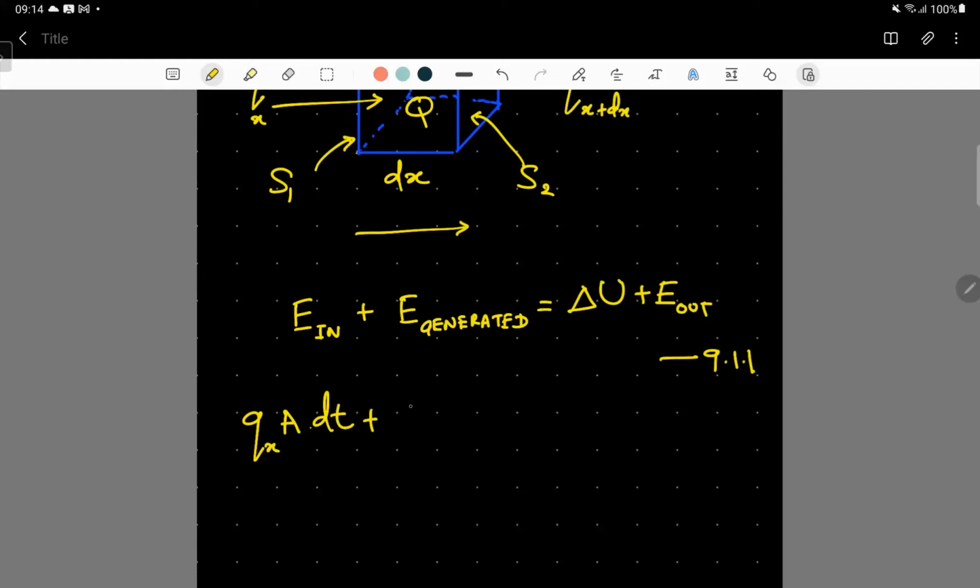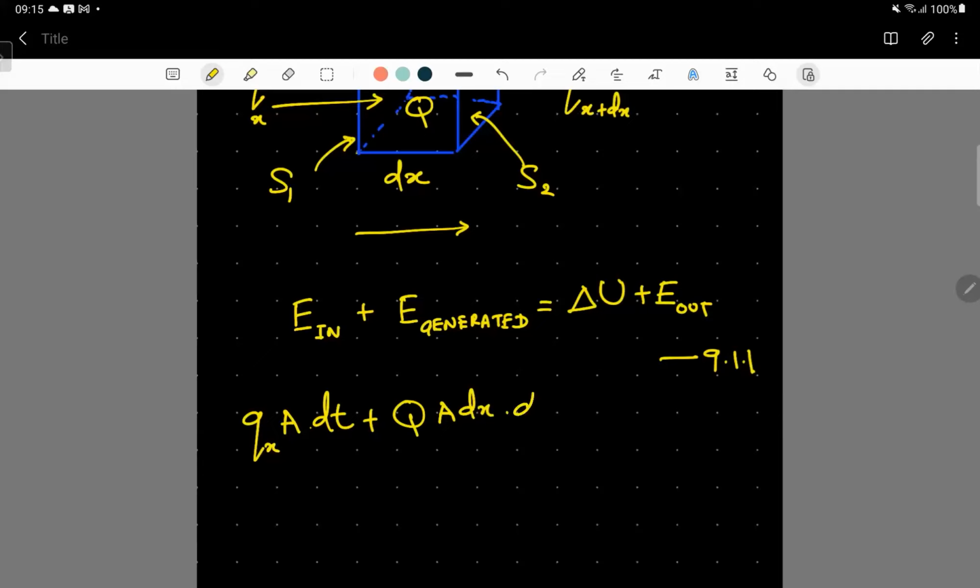The generated heat is Q, which is in watt, of course. Since the heat generated by the source, or in this case it can also be a sink, is defined with the units of power per unit volume, heat generated per unit volume, you have to multiply by the control volume, that is the square cross-section area times the thickness of the control volume, which gives the total volume.